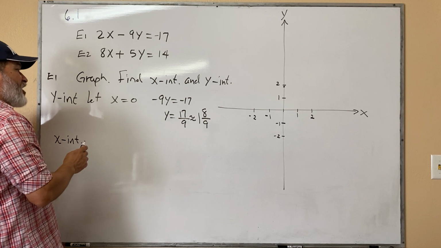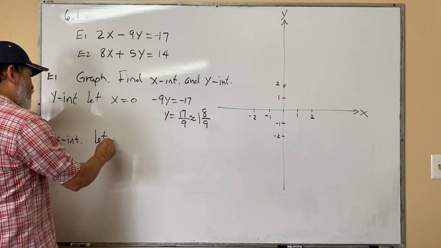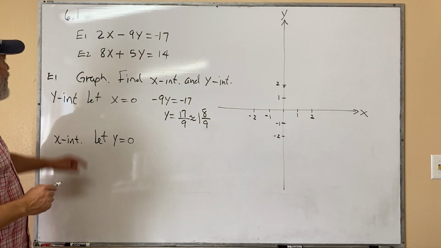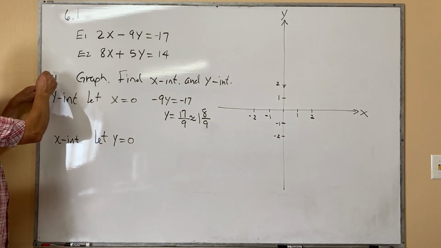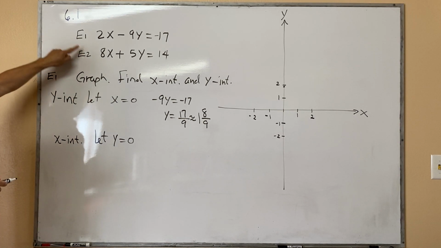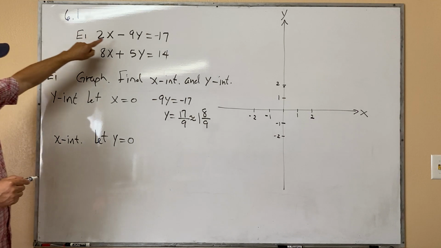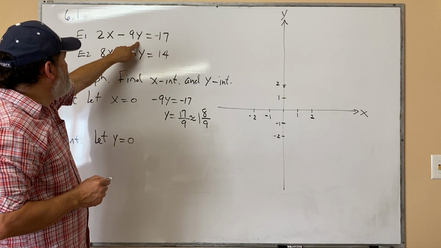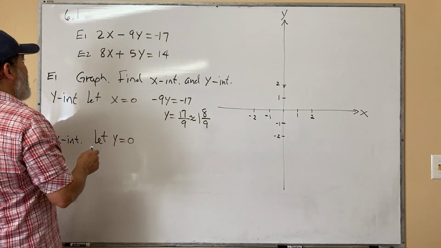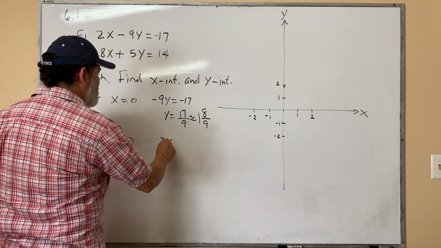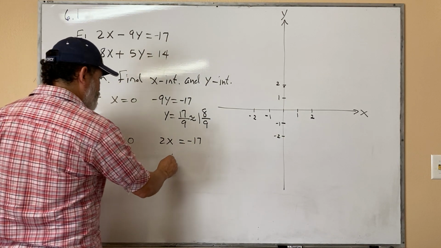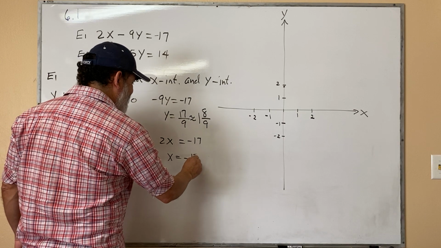To find the X-intercept, you let y be 0. We're talking about equation 1 now; we'll deal with the other one later. If y is 0, then negative 9 times 0 is 0, so we get 2x equals negative 17. So x equals negative 17 over 2.